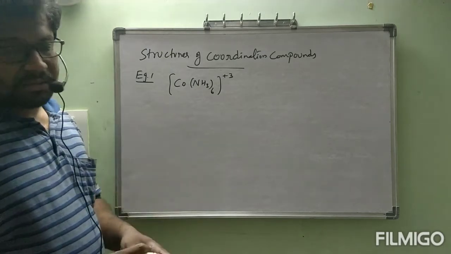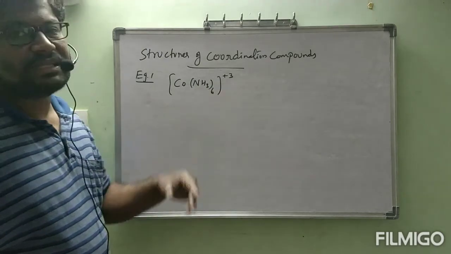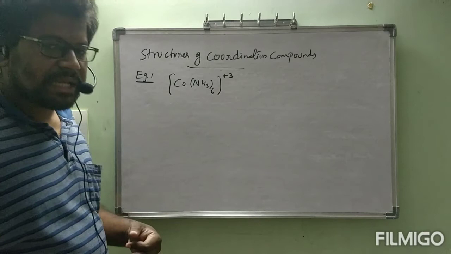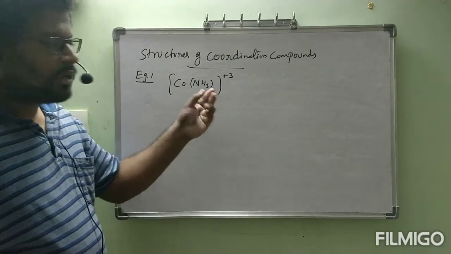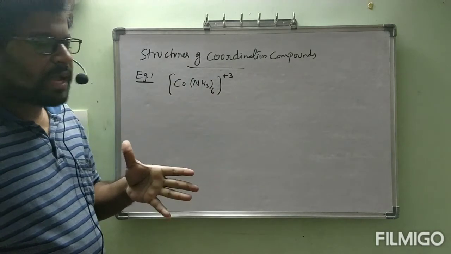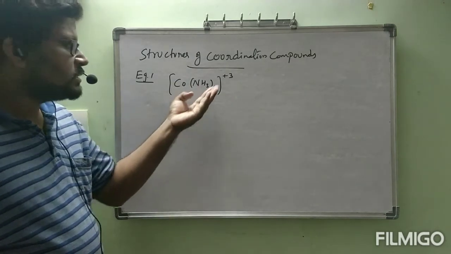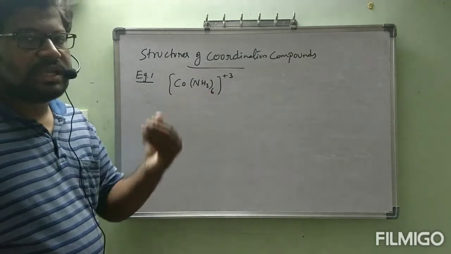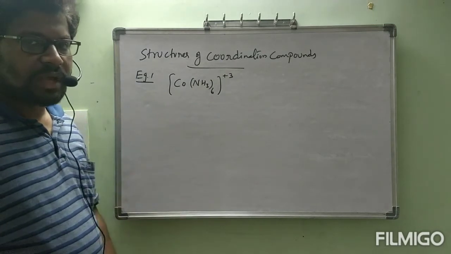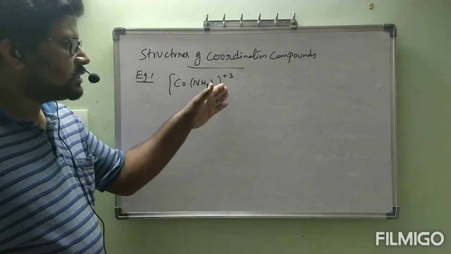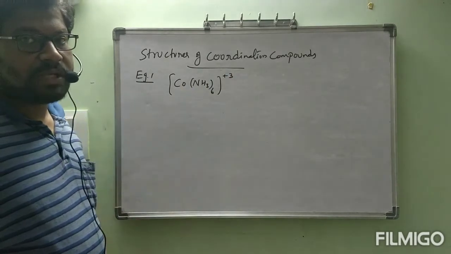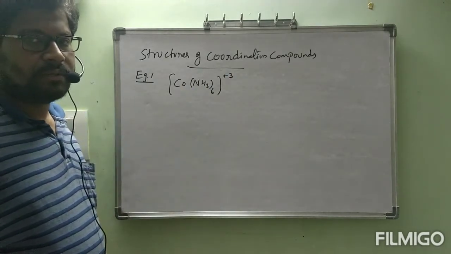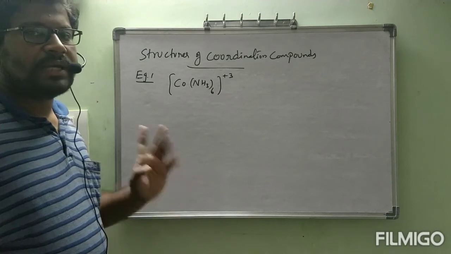We can think that outside there are 3 Cl minus ions, like counter ions, Cl3. Now, if it is added to water, what will happen? This complex is formed as plus 3, and the 3 Cl minus ions will be ionized, because between this coordination complex and the outside counter ions, which type of bond is there? Ionic bond. Now you will get clarity.